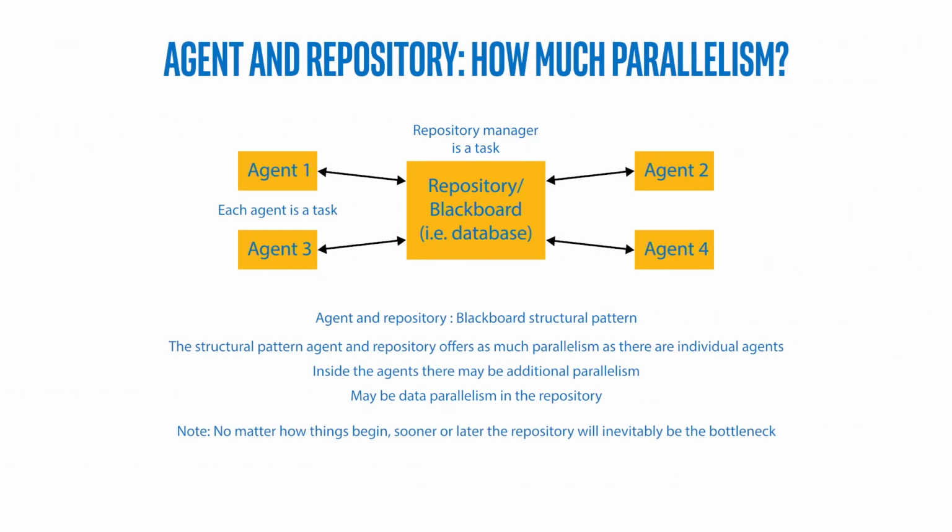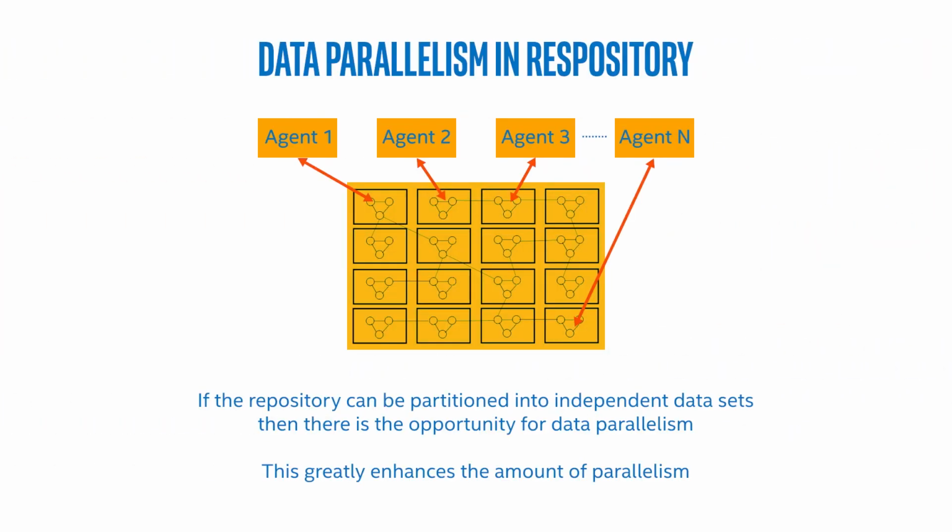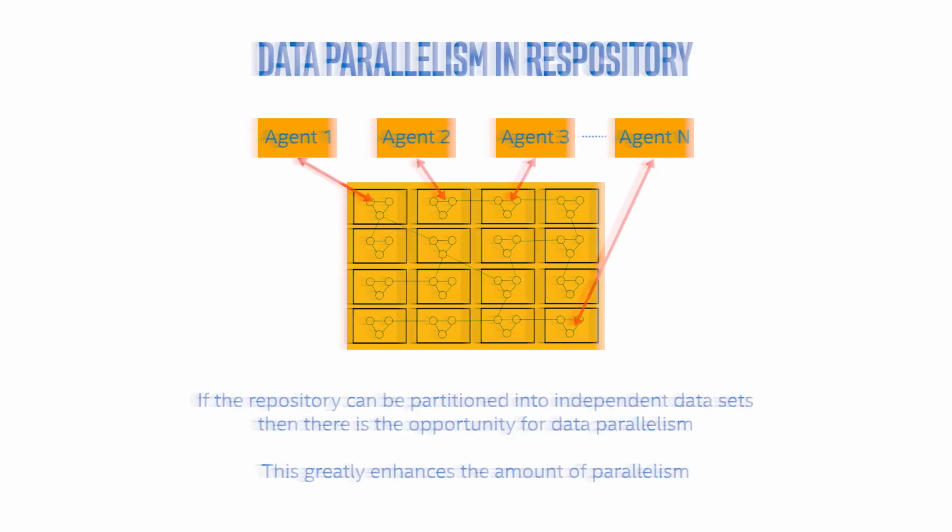Well, again, we get about as much task parallelism as there are independent agents. We get task parallelism associated with the repository manager. All of these can operate independently. And then, of course, if we have a database, say, an integrated circuit is our database, as I've worked on in the past, then we may actually have quite a lot of latent data parallelism inside the repository.